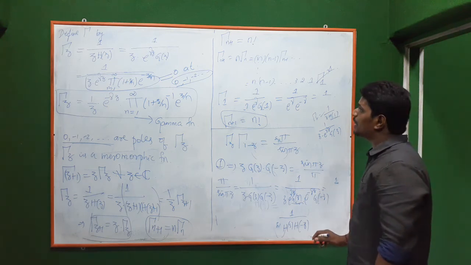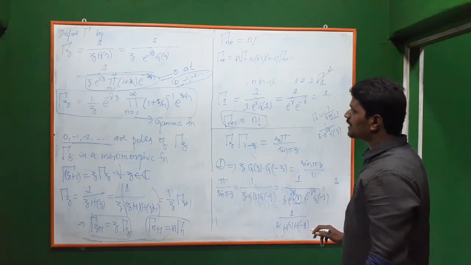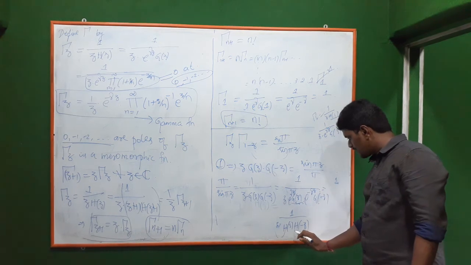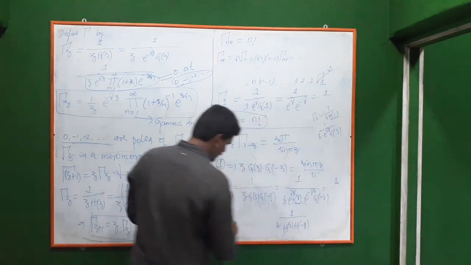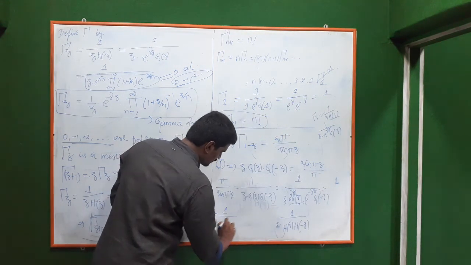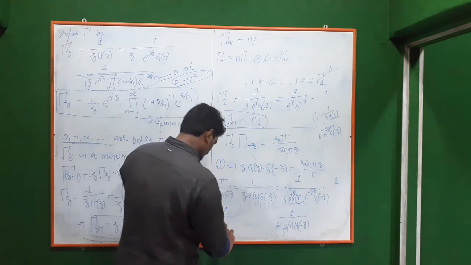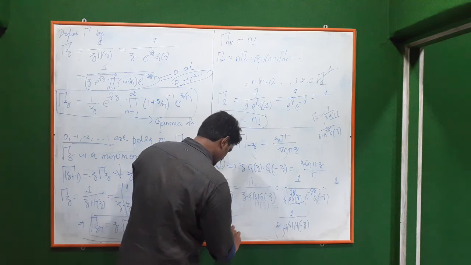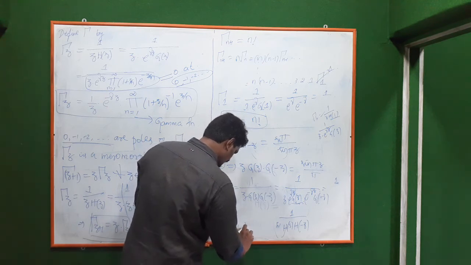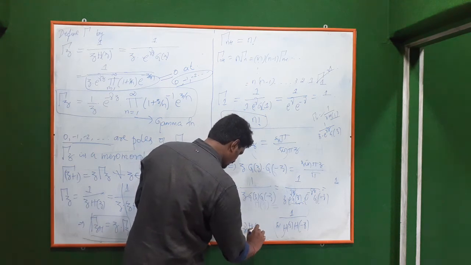So how to get that 1 minus z? Here I should have 1 minus z. So here what I can do is 1 by z into h of z, 1 minus z into h of 1 minus z.